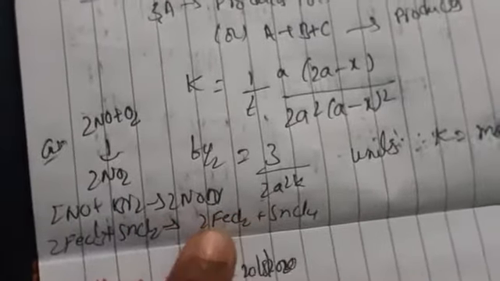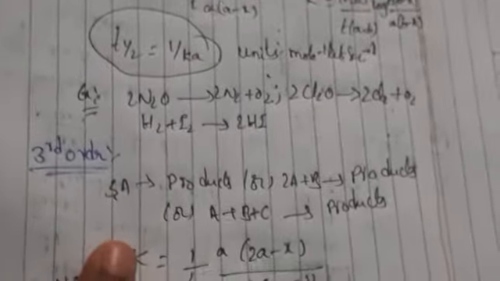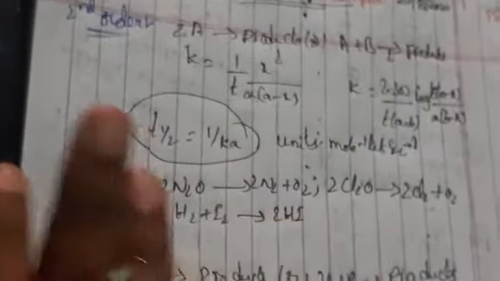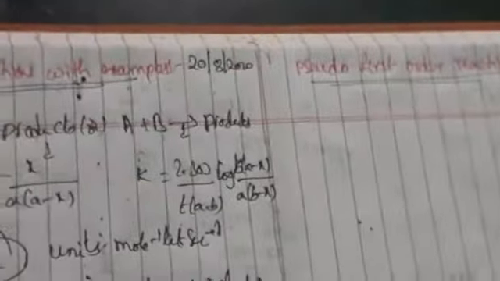So these are nothing but the examples of third order reaction. This is second order reaction, this is third order reaction. Just to know the values, units and examples is enough for you. This will be explained in higher classes. For you it will be very important for zero order and first order reaction.